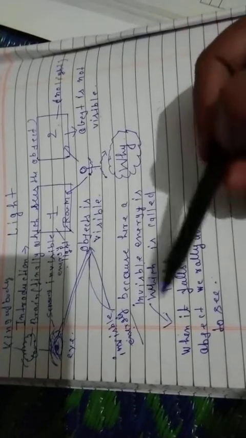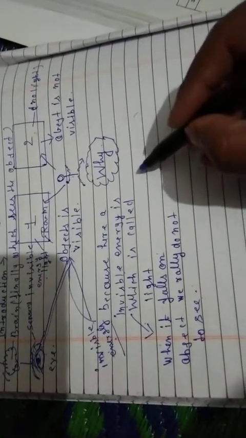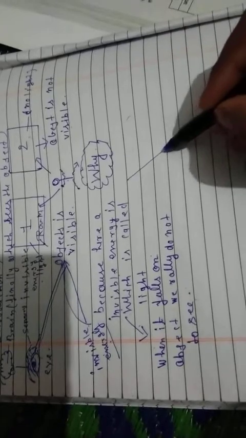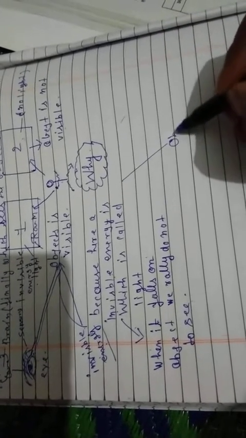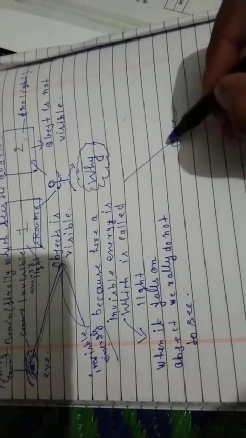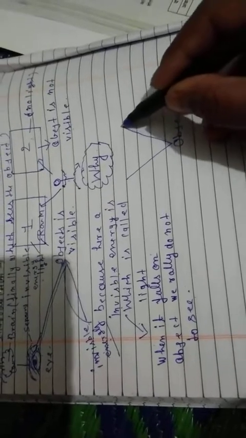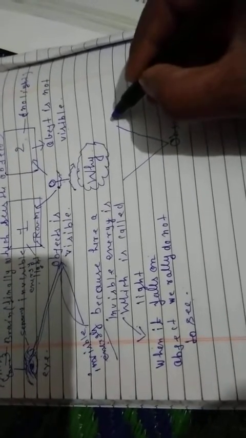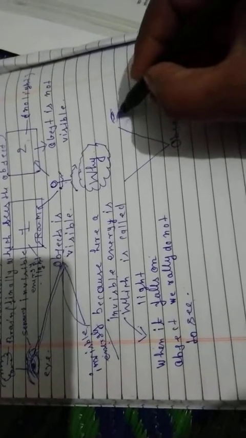Okay, so which part did we discuss? To see any object we need invisible energy. Invisible energy always falls on objects, and from objects it is again reflected and enters our eyes.